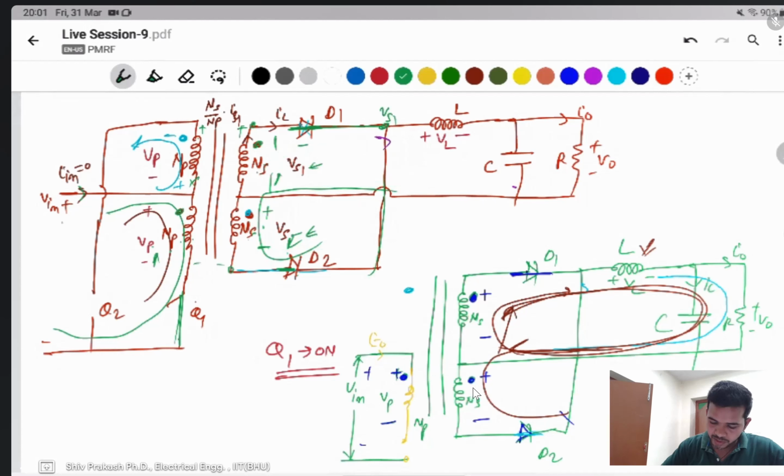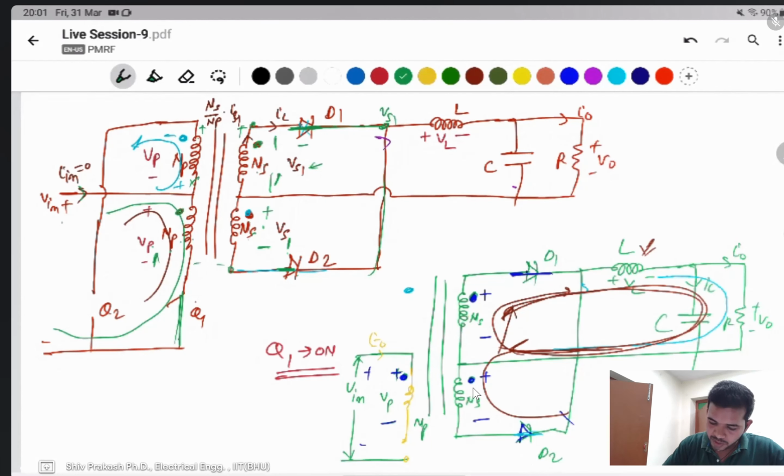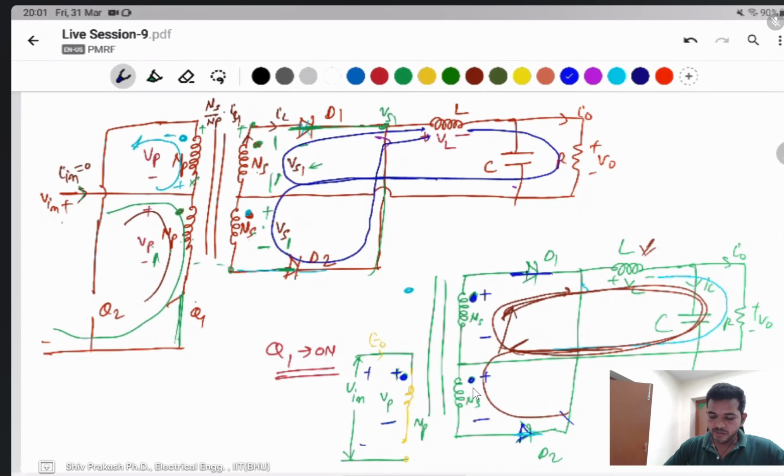When Q2 is off, the charge stored in the inductor makes current flow like this, through the primary winding and also half of the secondary. Current flows through both windings. Half of the current flows through each winding, so both currents will be the same, primary side and secondary side, and the number of turns is the same.